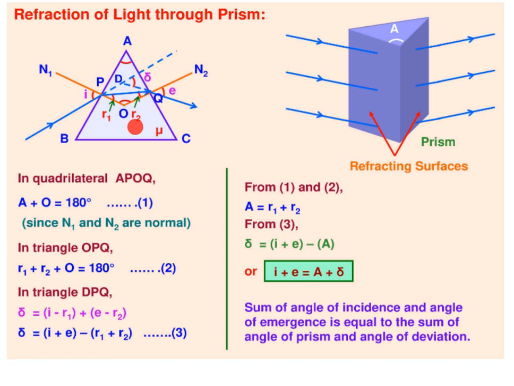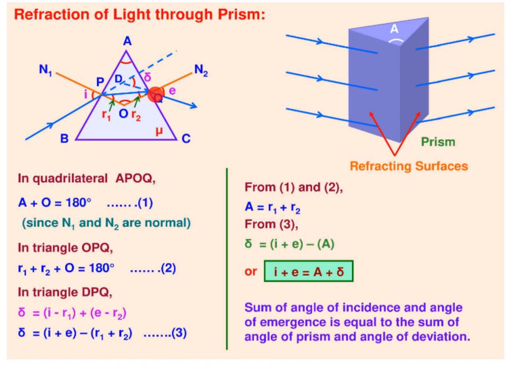Then consider the triangle OPQ. In this triangle, R1 plus R2 plus O is equal to 180 degrees. Then also consider the triangle DPQ. In this triangle, delta is the outer angle.